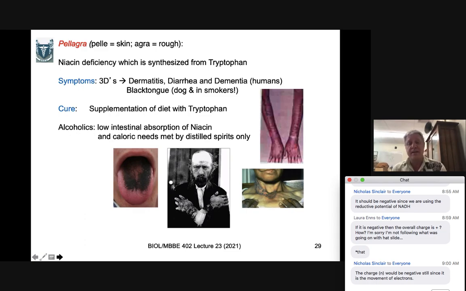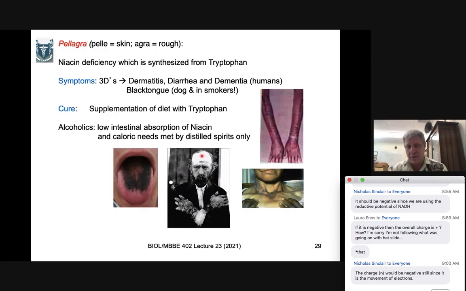It's called the 3Ds: dermatitis, diarrhea, and dementia. Now, in humans, one of the first conditions is this black tongue. You can see it also in smokers, interestingly, and in dogs, they get this particular black tongue, which you can actually scrape off. And also the dermatological components, this kind of flaky skin, as well as these types of ulcerations on the skin.